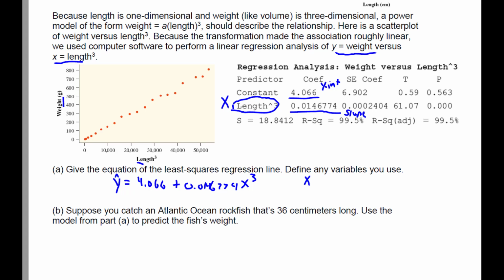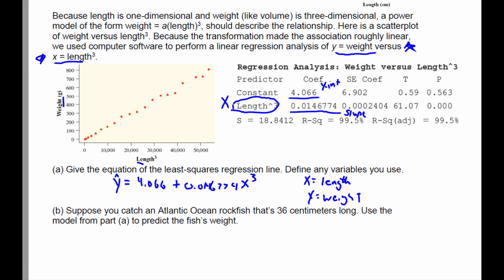As I just said, our x is our length, so x equals length, and y is your weight, which was given to us in the problem right up here, saying y is our weight and x is our length.